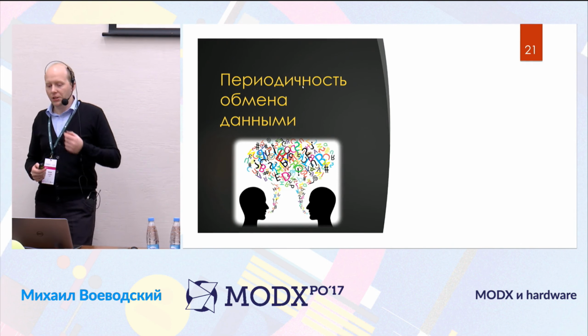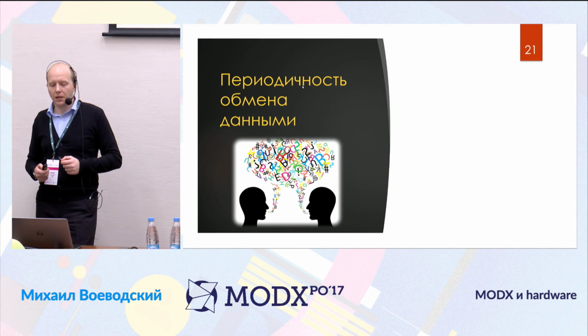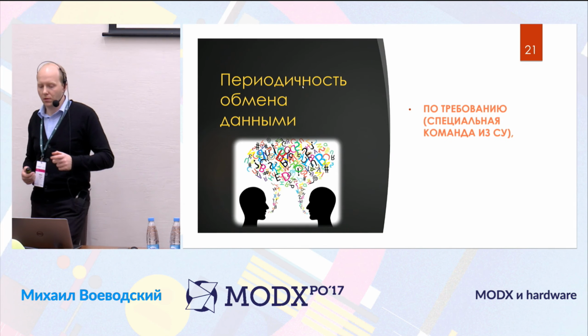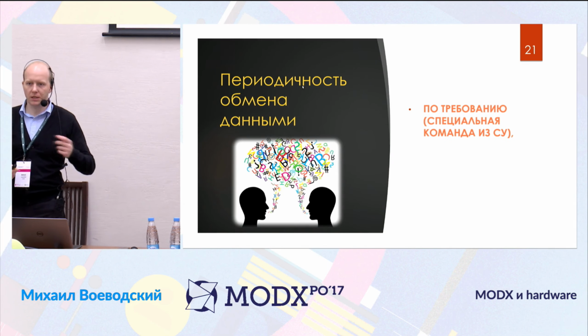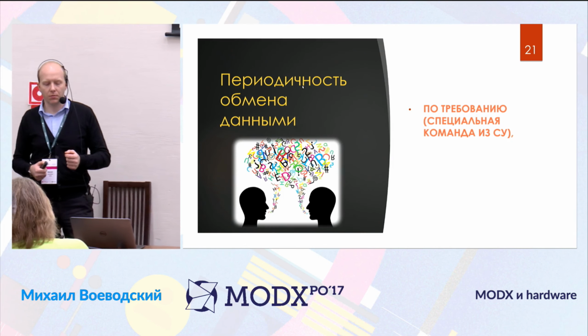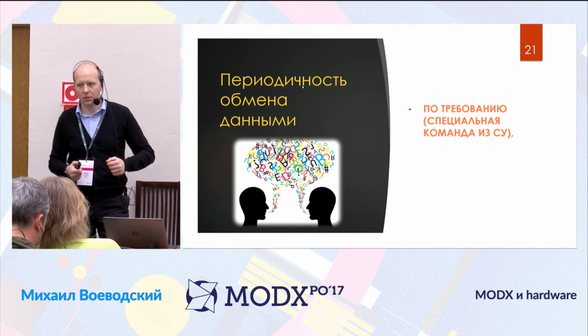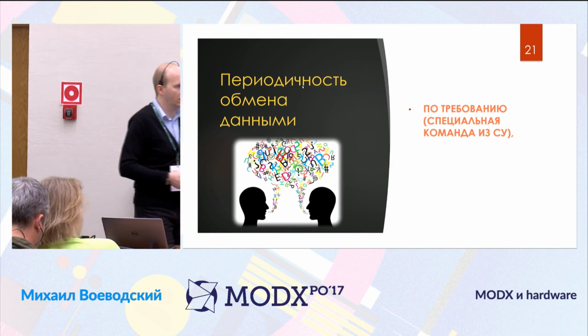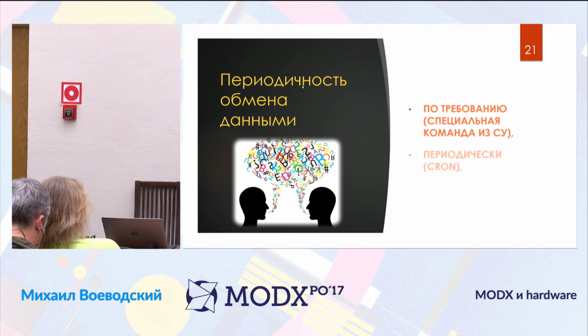As regards data exchange intervals, what options are there? On demand, when the control system itself, which deals with interaction with hardware, makes a request and makes immediate decisions whether this has to be done or not.